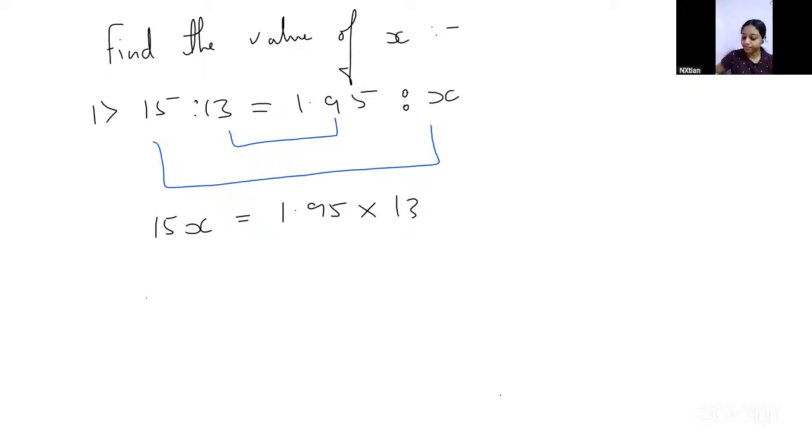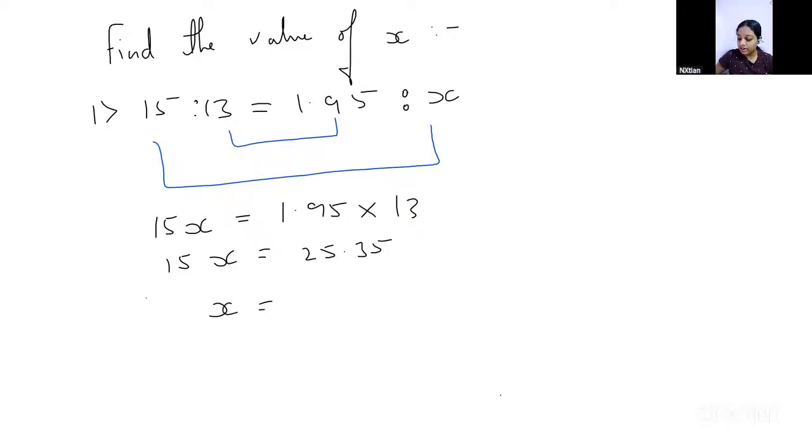Multiply: 15x equals 1.95 times 13, which is 25.35.